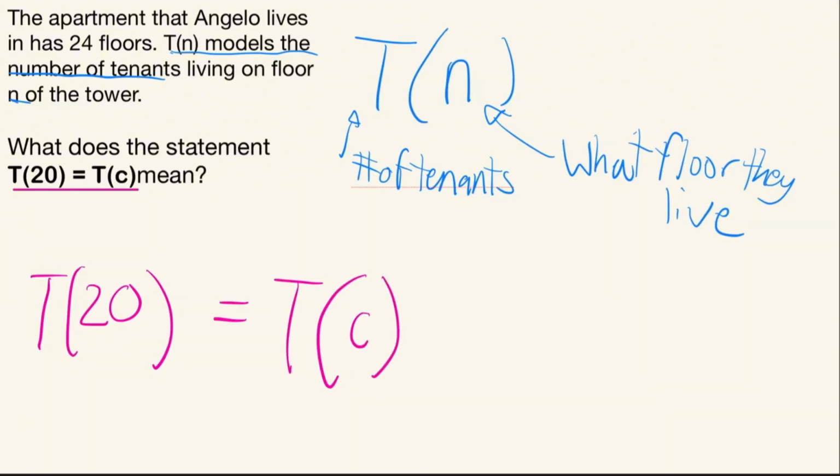Since you dissected this, you can now know what the statement means by just saying it. So the statement T(20) is equal to T(c) means the number of tenants that live on floor 20 is equal to the number of tenants that live on floor c.